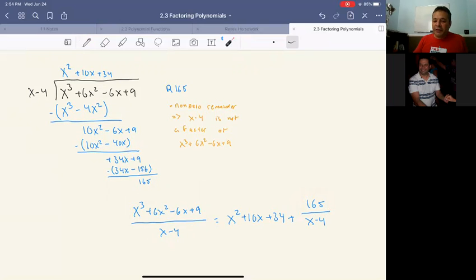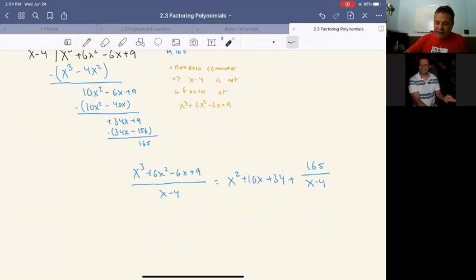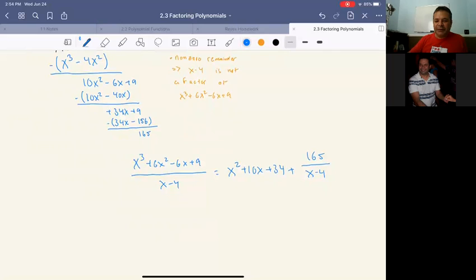Another way to look at this, which is going to be awesome, is that we could say x cubed plus 6x squared minus 6x plus 9 equals x minus 4 times x squared plus 10x plus 34, plus 165.